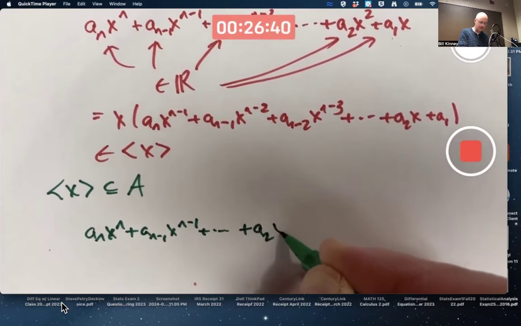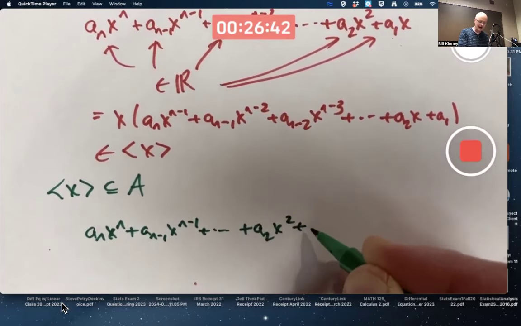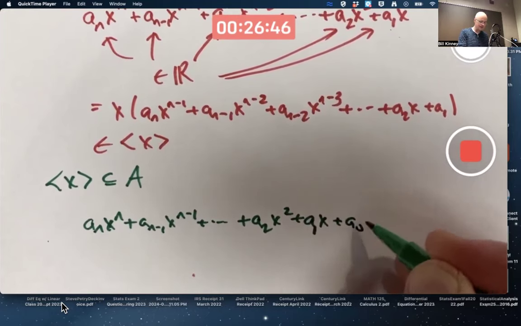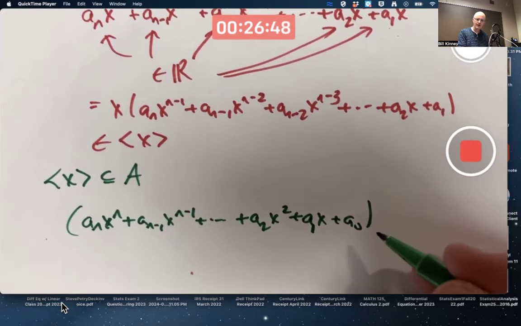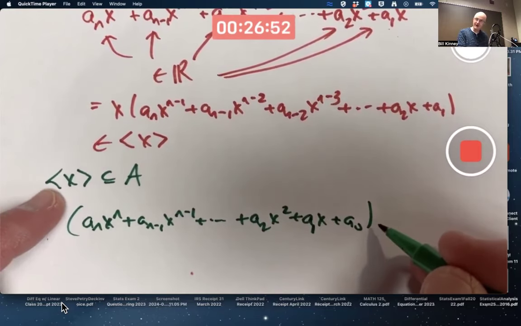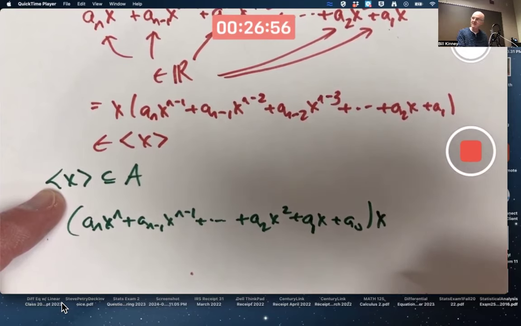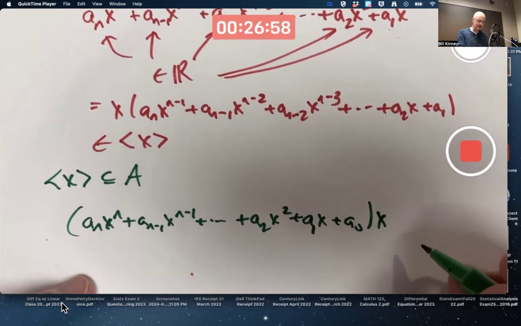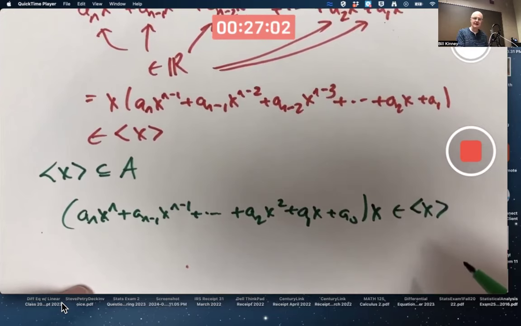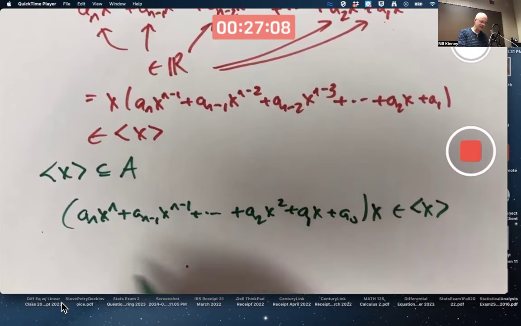This arbitrary polynomial of degree n possibly does have a non-zero constant term. To be an arbitrary element of the principal ideal generated by x, I've got to multiply that by x. Is it in A? Does it have a constant term of 0? Multiply it out. You'll get a constant term of 0.